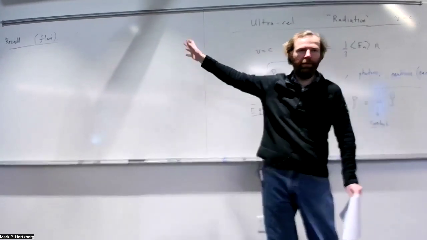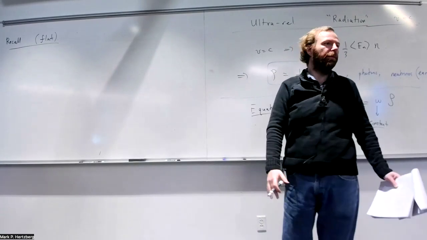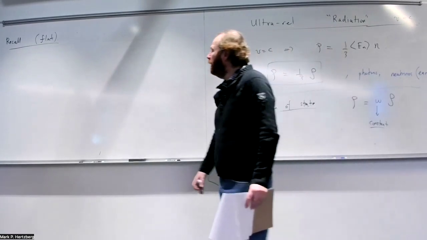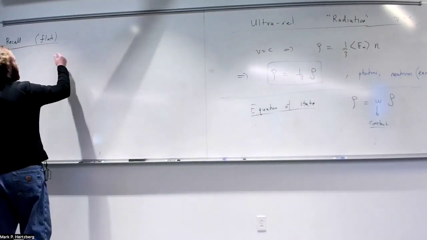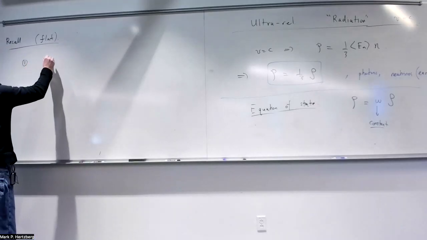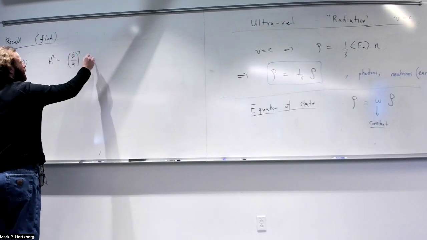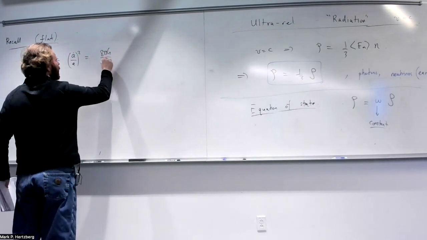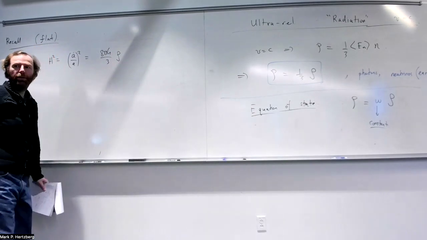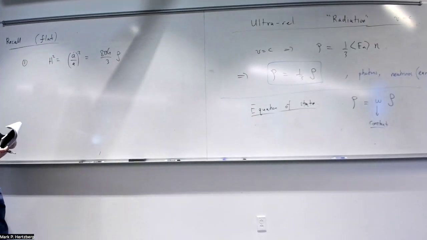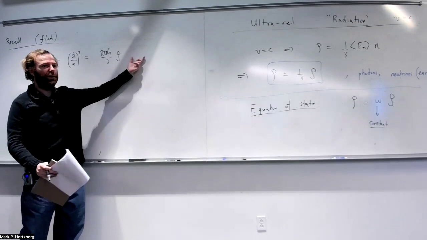So let's just delete it altogether for the most part going forwards. Then the first Friedmann equation is Hubble squared, or a dot over a squared, is 8 pi G over 3 rho. I won't bother with the c squareds for the moment, and I've deleted the curvature.